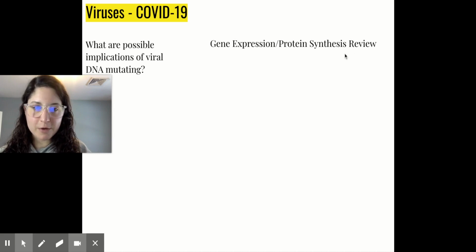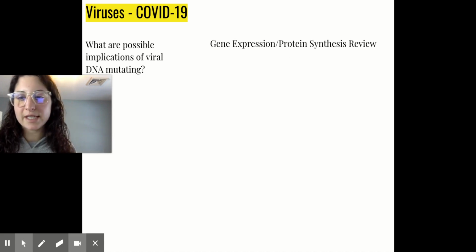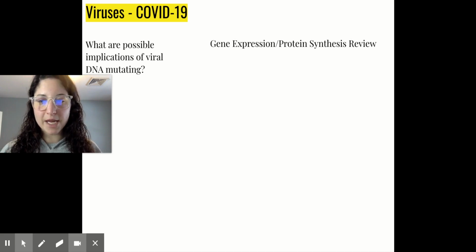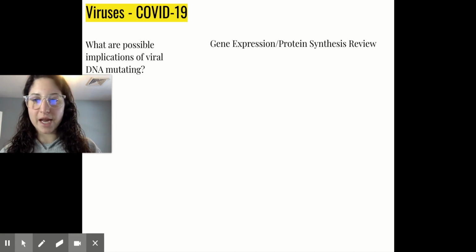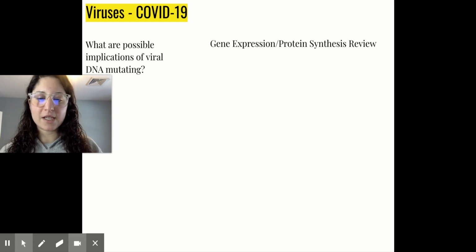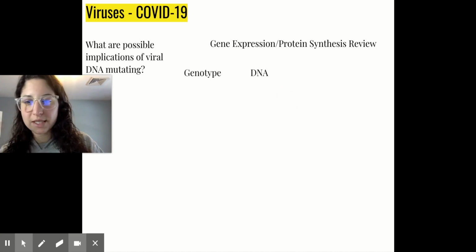If you remember from our previous unit on gene expression and protein synthesis, we express our traits through proteins that are made based off of the code of our DNA. So all of my physical characteristics and features, my phenotype, is all due to proteins being made based off of the code of DNA.